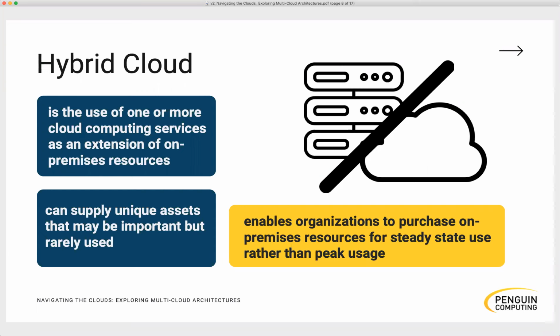So with hybrid cloud, you would normally run most of your processing locally, and then when you need more, you'd use cloud services to do it.